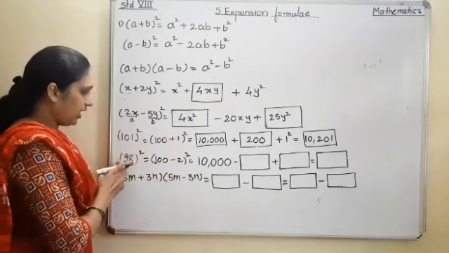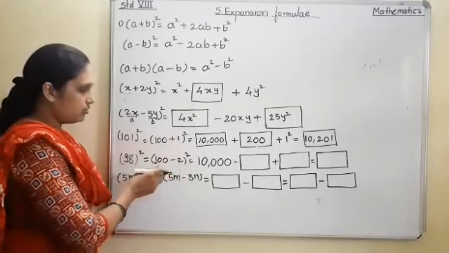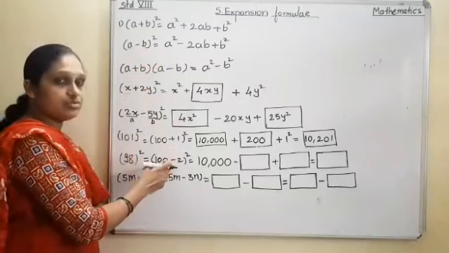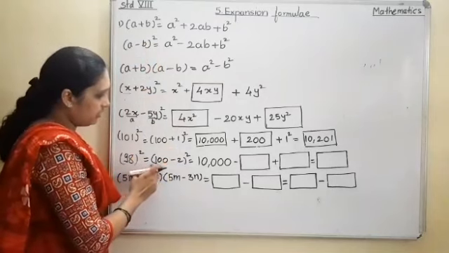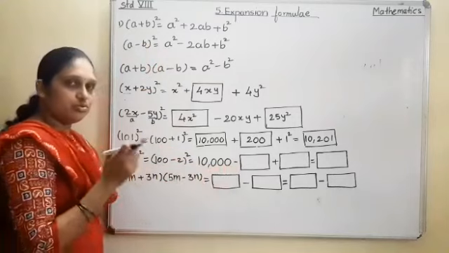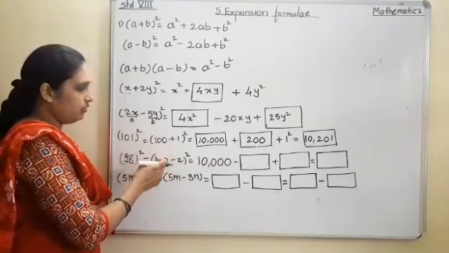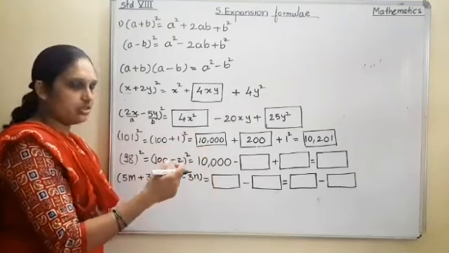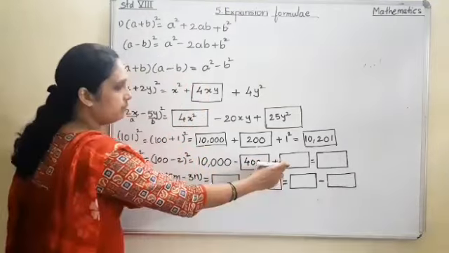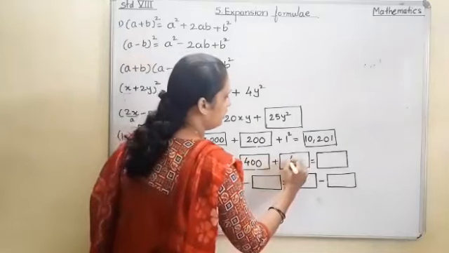Now 98. We can write 98 in the form of (100 minus 2) the whole square. So now here second identity, because minus bracket, we'll use the second identity. (100 minus 2) square equal to 10,000 minus 2 into a into b, that is 2 into 100 into 2. How much is it? It is 400, plus b square. b square is what? 2 square will be 4.